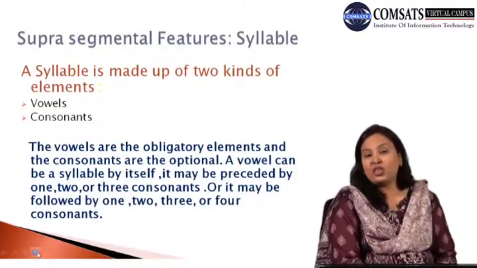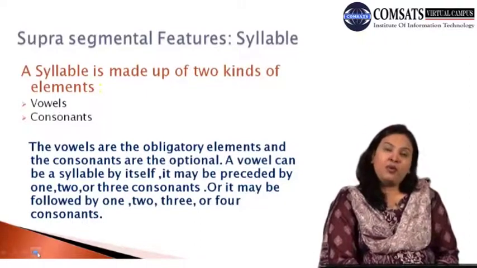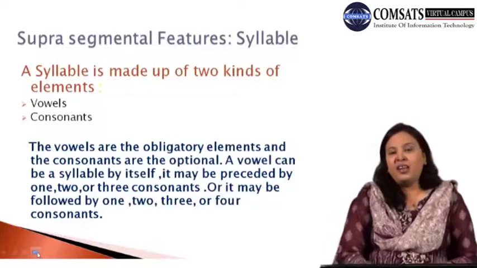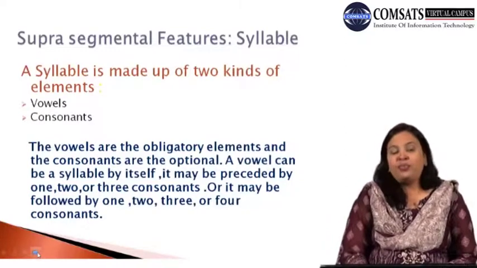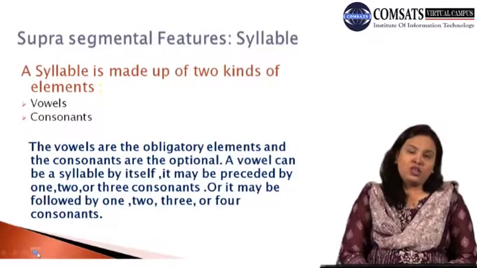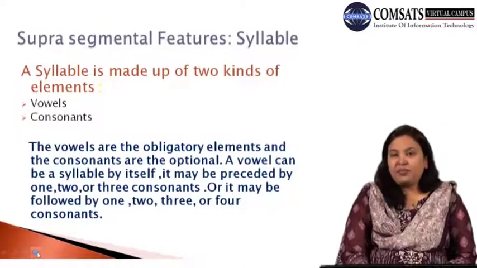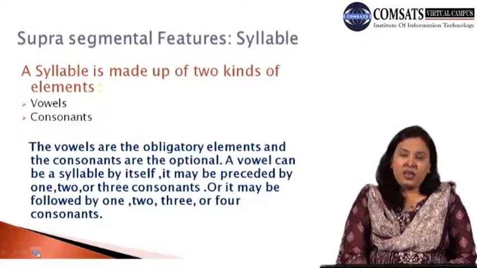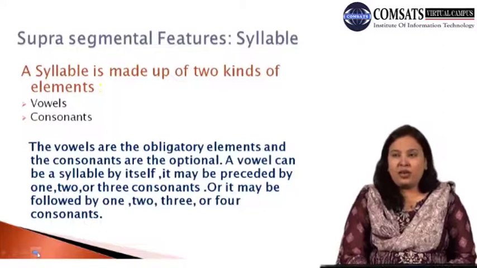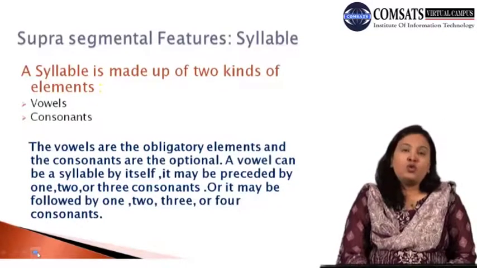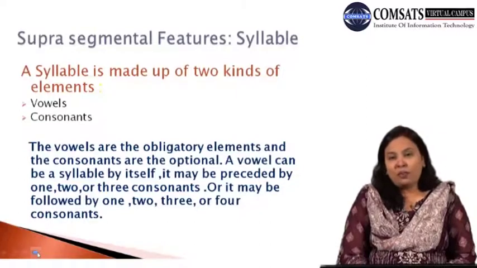So whatever positions inside the arrangement of a syllable are optional, they carry a consonant sound. Wherever the positions are obligatory, they are comprised of vowels. Like the onset is optional, so it carries a consonant. The middle peak part is obligatory, so it carries a vowel.